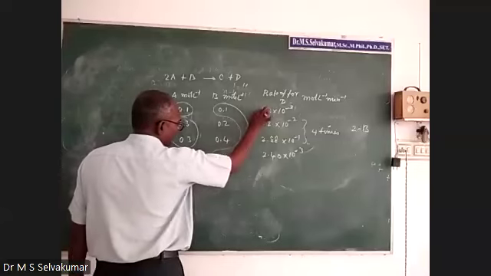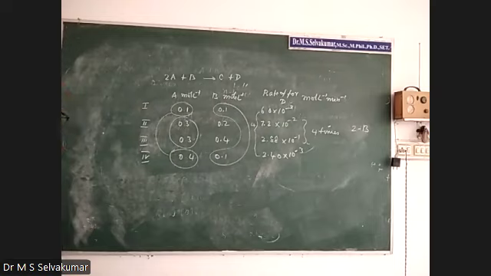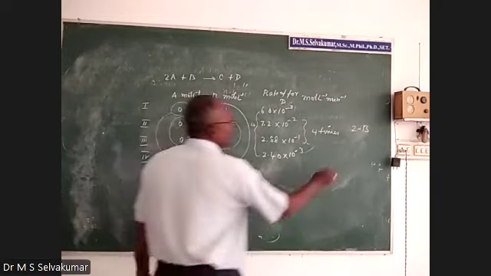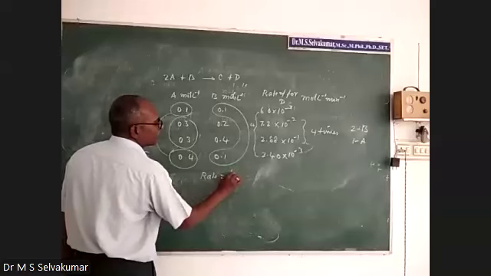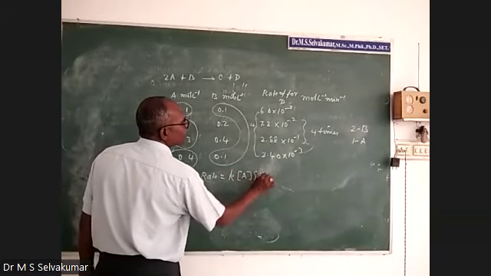When it is increased 4 times, the rate increases 4 times. Therefore, it is first order with respect to A. Therefore, the rate expression is: rate of the reaction is rate constant into concentration of A and the concentration of B squared.